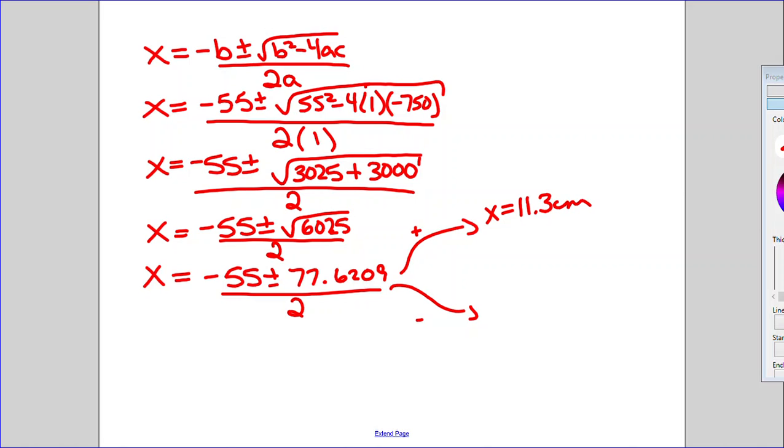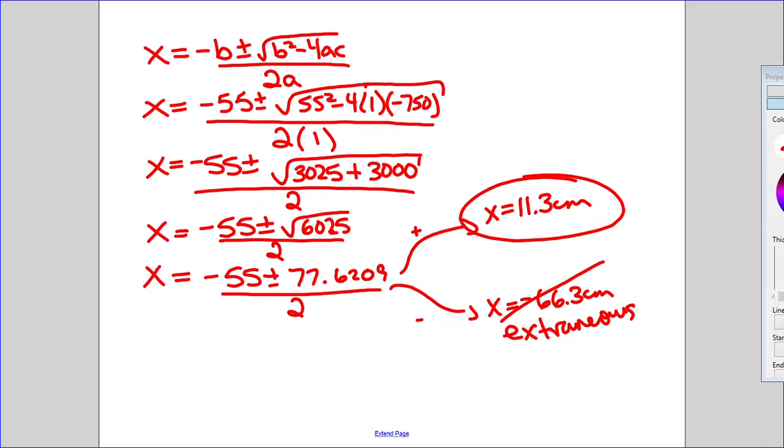If I take the negative root, negative 55 minus 77.6209 divided by 2, I get x equal to negative 66.31 centimeters. This value doesn't make sense because I can't have a negative length, so it would be extraneous. So my value is 11.3 centimeters for the width of the mat going on all sides.